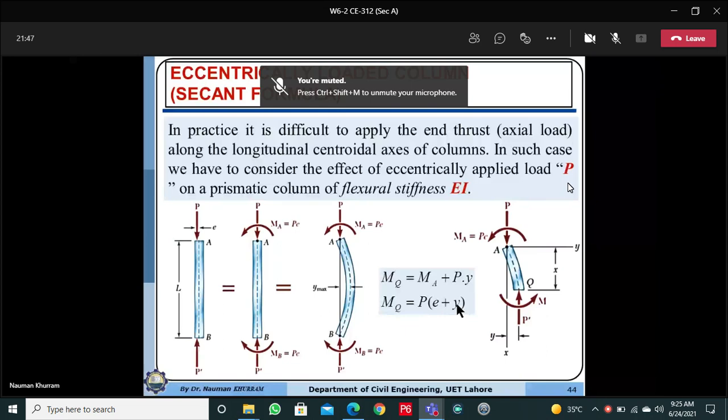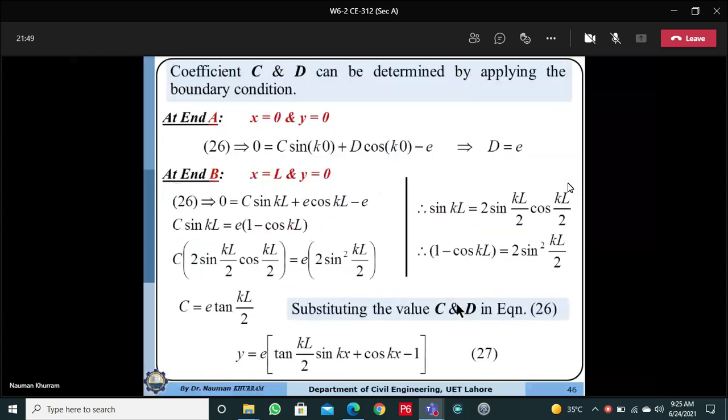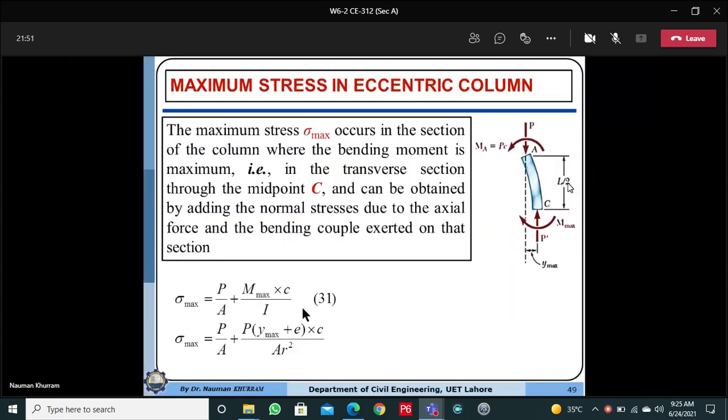So when we are determining the stress value here, for example, for a load value of maybe 10, we shall have some particular y value, maybe 1. So 1 into 10 gives us a certain moment. But when the load is increased to 20, the load is increasing and y maximum is also increasing.